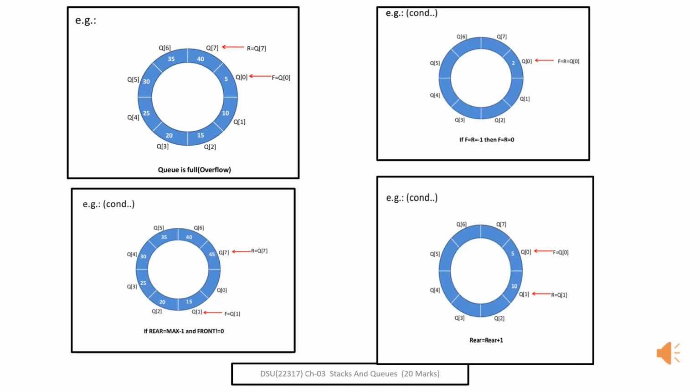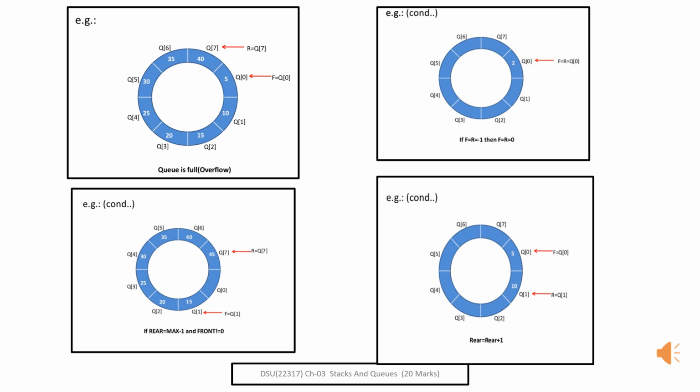See here, this is the example of inserting elements in the circular queue. In the first queue, there is a queue overflow condition. That's why the loop will exit. In the second diagram, the queue has only one element, that is 2. Q of 0 is equal to 2, and f is equal to r is equal to q of 0.